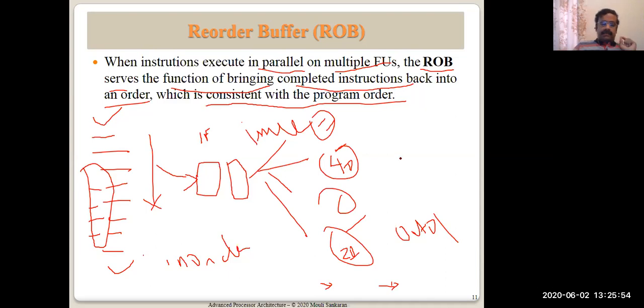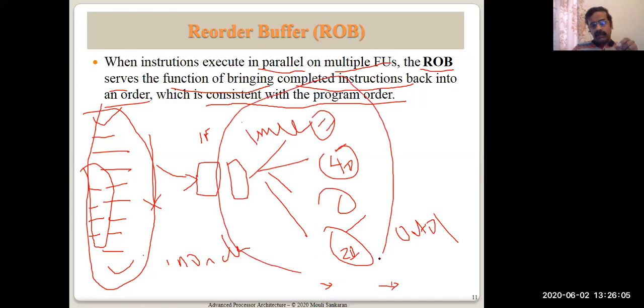Now what is happening? The programmer wanted to do something and provided the instructions in a sequence. Our CPU sitting in between is executing it in some sequence based on its convenience, but it is taking care that there are no data hazards, so that the functional units are getting proper operands and they execute them. Execution is done properly because data hazards are taken care of.